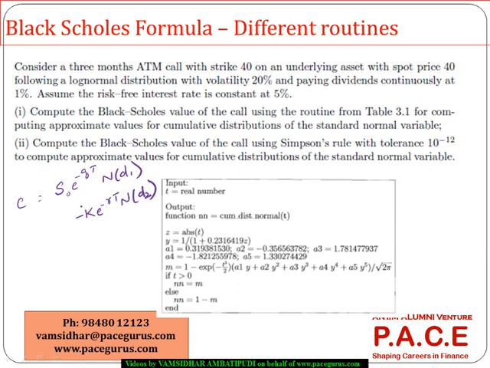So this is the Black-Scholes formula. So S naught is known, e power minus qt, K e power minus rt. All I have as unknowns is N of d1 and N of d2.